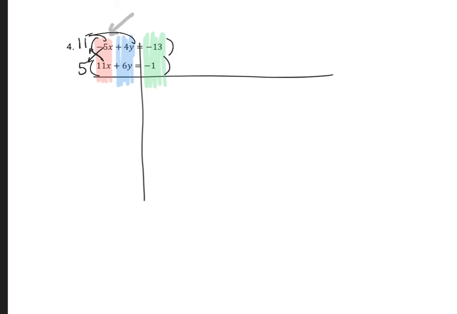I'm going to distribute that 11 out, so I'm going to have negative 55x, whew, these are getting big, plus 44y equals, lordy, I do not have my calculator right in front of me.